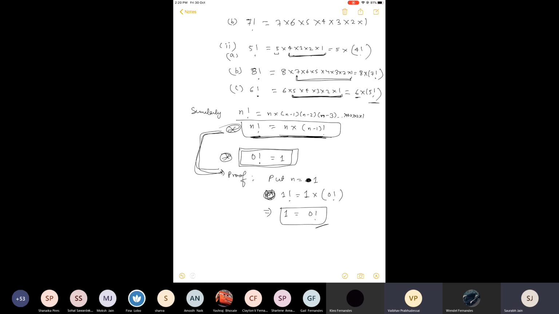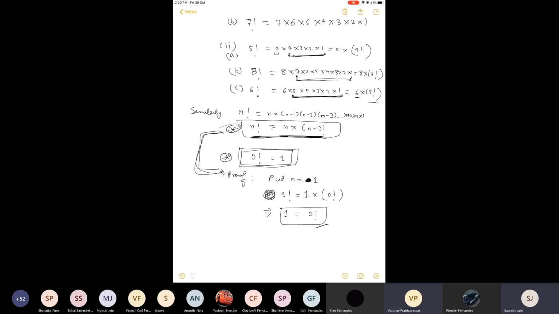Excuse me, sir. Yes. So 0 is equal to 0 factorial. Who told you? No, 0 factorial is 1. Why would it be 0? Because when you put 1, it will be 1 into n minus 1, and 1 minus 1 is 0.